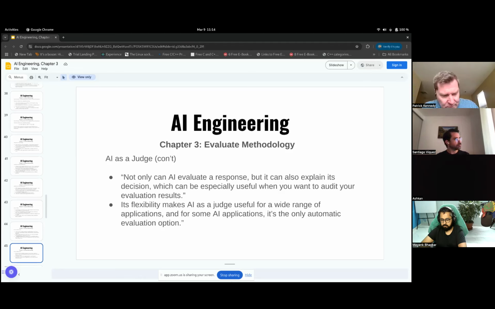Humans are still involved: an AI judges things, and then a human looks at the explanation of why AI chose option 5, and this helps you say, okay, I agree. This is the way things can be automated and improved. Its flexibility makes AI as a judge useful for a wide range of applications, and for some AI applications, it's the only automatic evaluation option available.